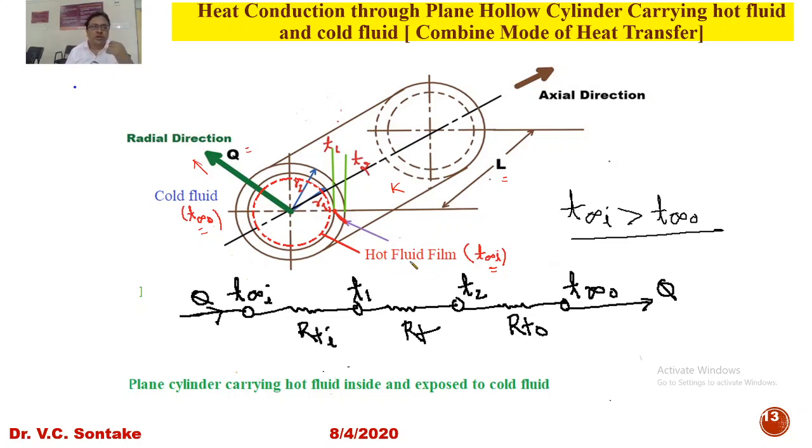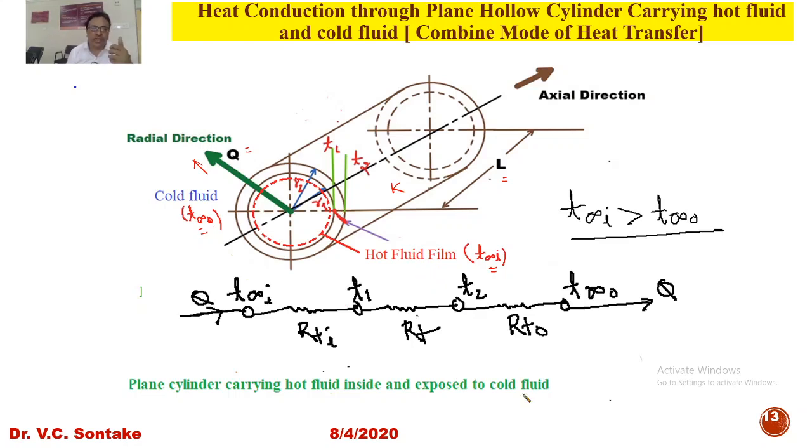So this hot fluid film is going to offer thermal resistance to this heat conduction, and it will be represented by R_Ti between the temperature T infinity i and T1. When heat is flowing through this thickness of the cylindrical wall, it is also going to offer thermal resistance.